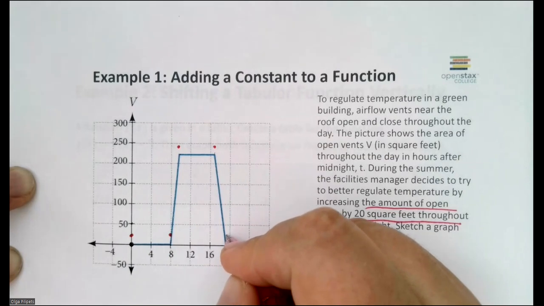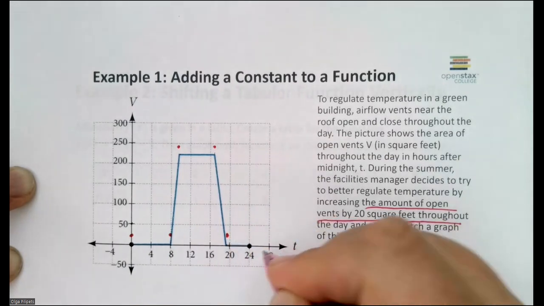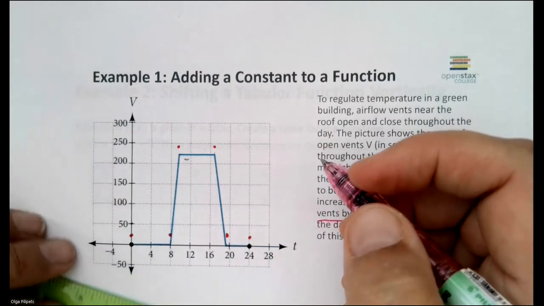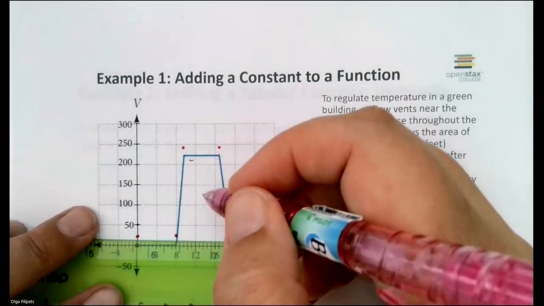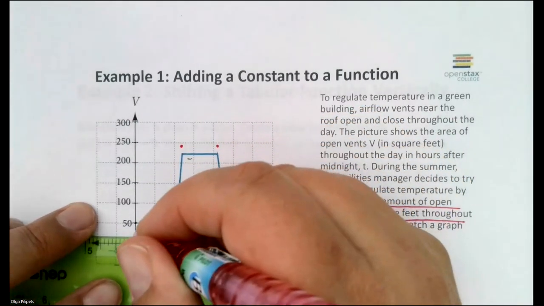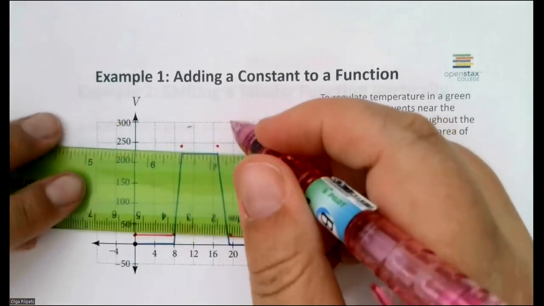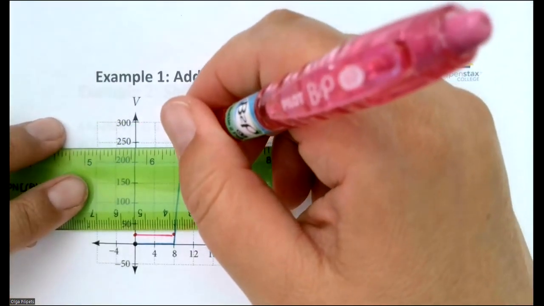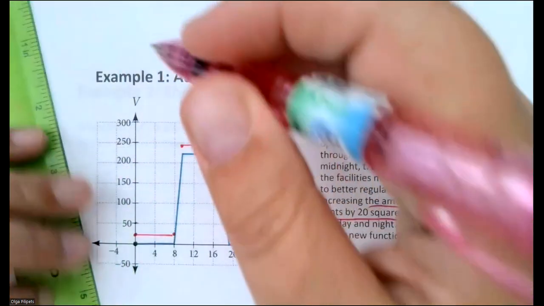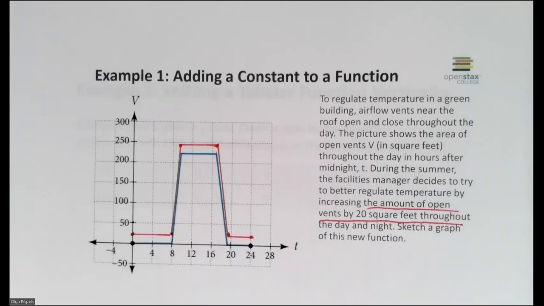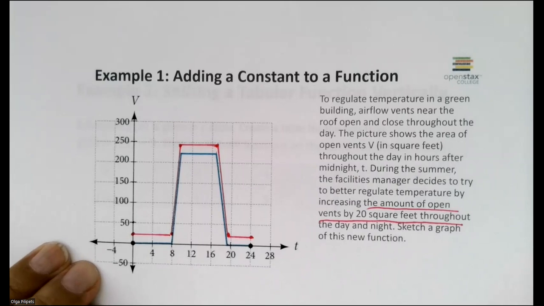Every point where the function changes somehow will be moved up, okay? And we're going to get our new function by connecting those points. And this is the function that we got as a result.